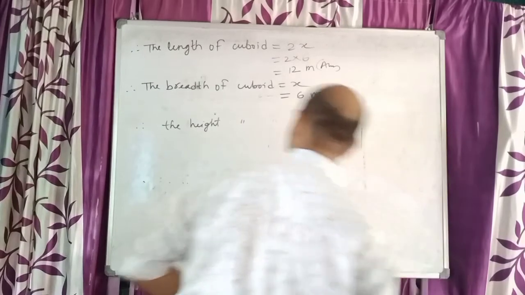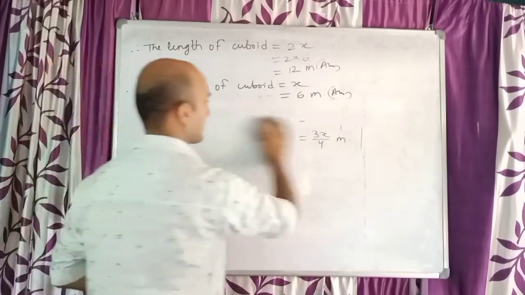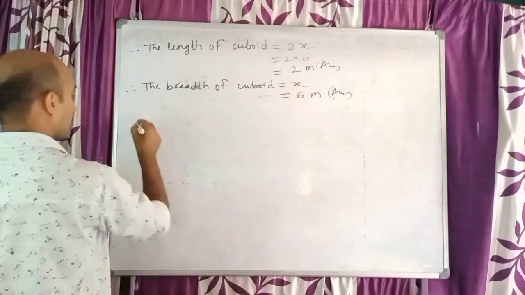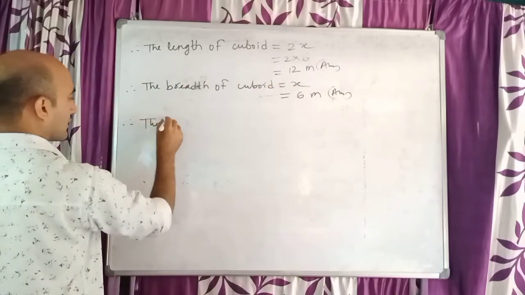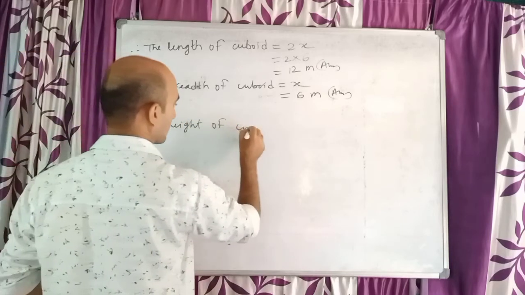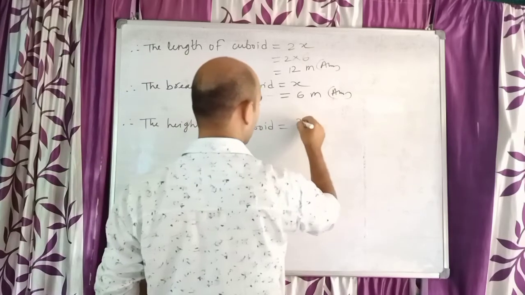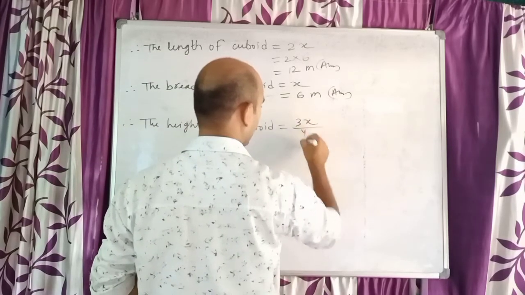Next, the height of the cuboid is 3x by 4, so we should not forget that. So I will write the same thing here. Therefore the height of the cuboid is equal to 3x by 4.